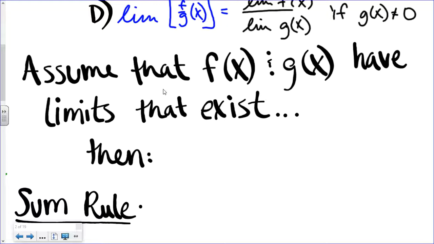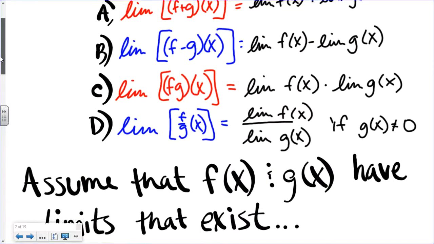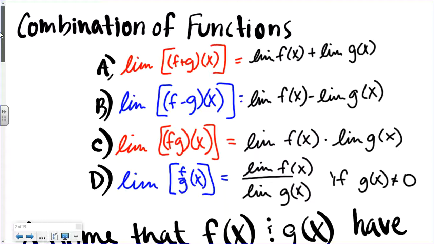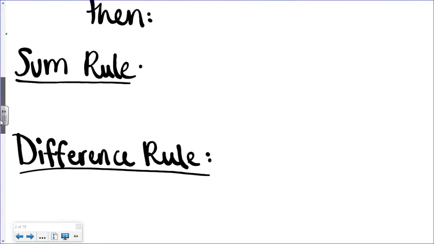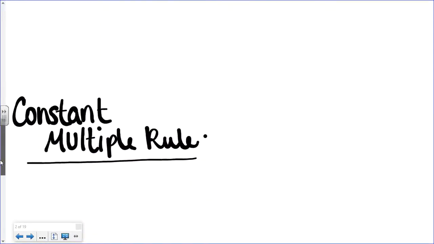Now, again, I don't know if you want me to write this or not, but what do you think the sum rule is going to say? It's like this first one up here, right? Just add them, correct? What do you think the difference rule is going to say? Just subtract them. Constant multiple rule. First of all, do you know what a constant multiple is? What does it mean to multiple? That's multiply, right? So if I have something, how do I want to write that?